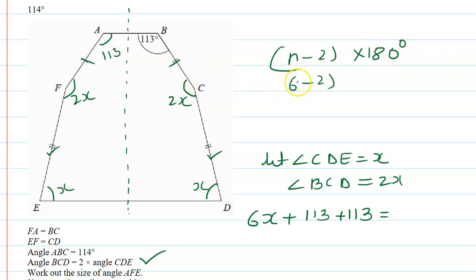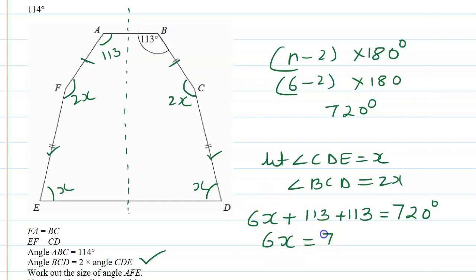So 6 minus 2, that is 4, and 4 times 180, that is 720 degree. So their sum will be 720 degree.